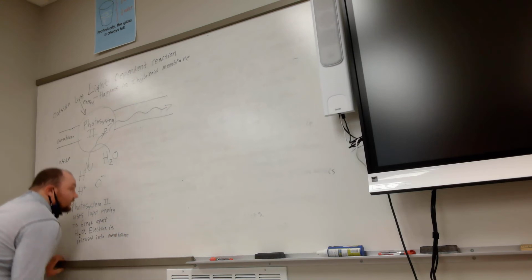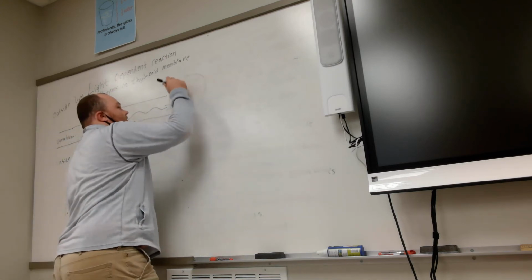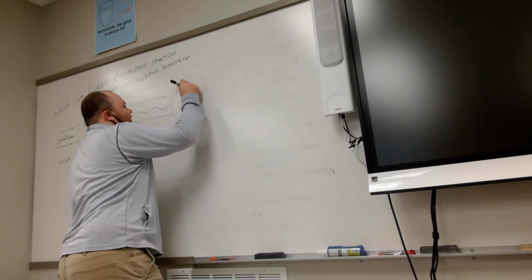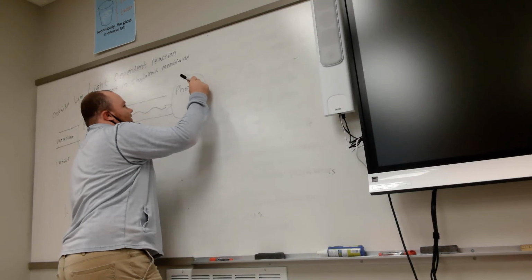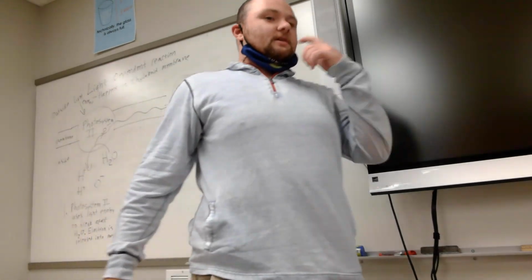Okay, now we're going to go from photosystem 2, all right? What do you think we're going to go to? You'd think that it would make so much more sense if it did that, but we're actually going to go to photosystem 1. Why it's named this way, I don't know, but that's the way that it's named.